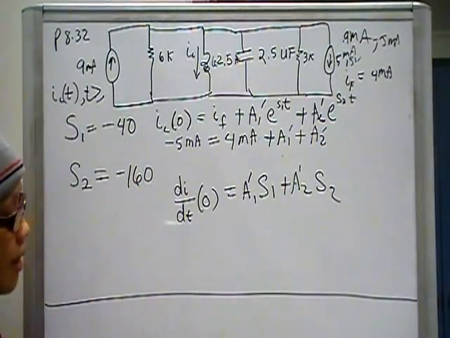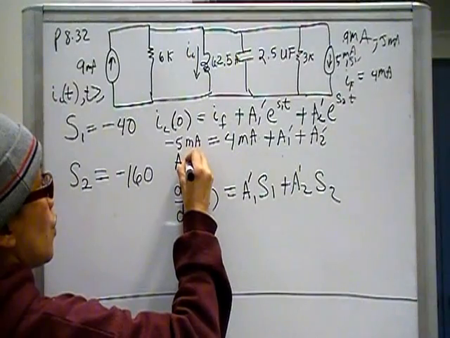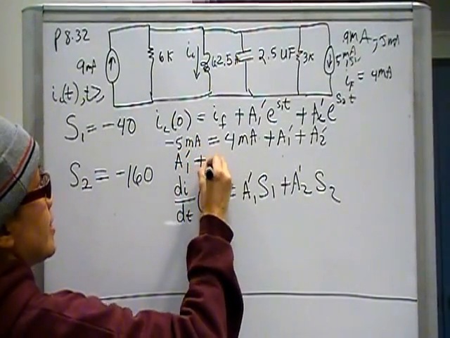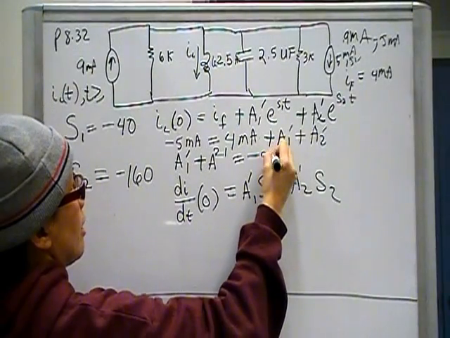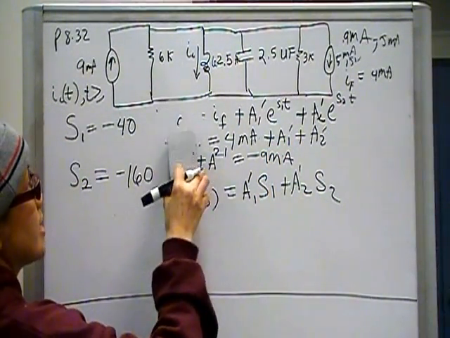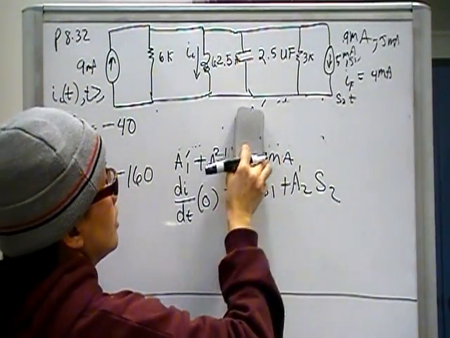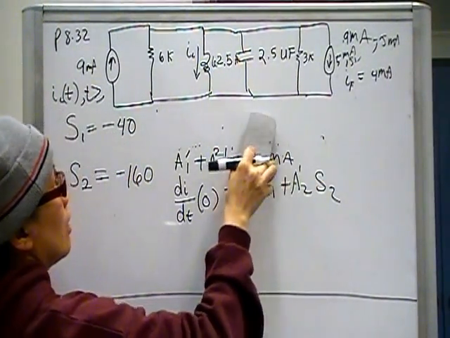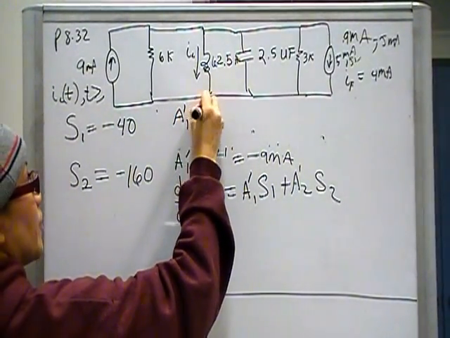So the first equation that we need to solve this is A1 prime plus A2 prime is equal to negative 9 milliamps. That's equation number 1. This can go away. So we have one equation and 2 unknowns. Let's rewrite this up here.